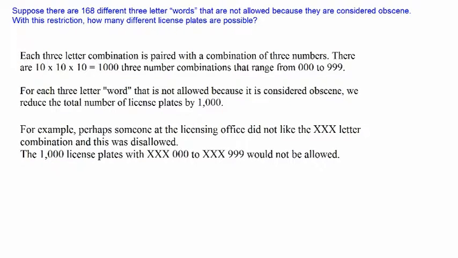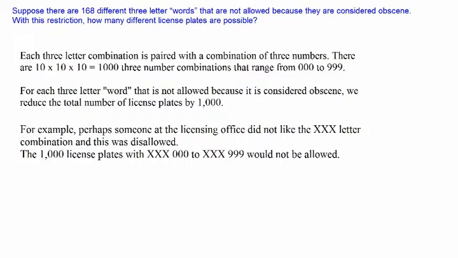Each three-letter combination is paired with a combination of three numbers. There are 10 times 10 times 10 equals 1,000 three-number combinations. Those range from 000 through 999.